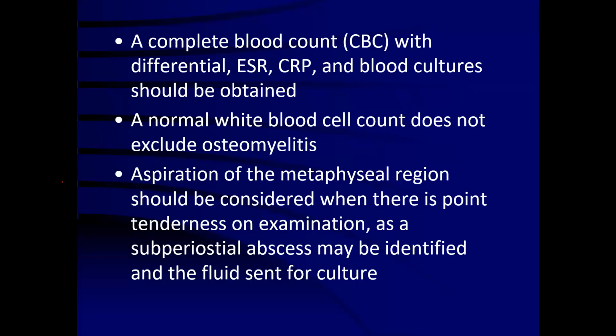A complete blood cell count with differential, ESR, CRP, and blood cultures should be obtained. A normal white blood cell count, as I said, does not rule out an osteomyelitis. Aspiration of the metaphyseal region should be considered when there is a point tenderness on examination, as a subperiosteal abscess may be identified and fluid sent for culture.